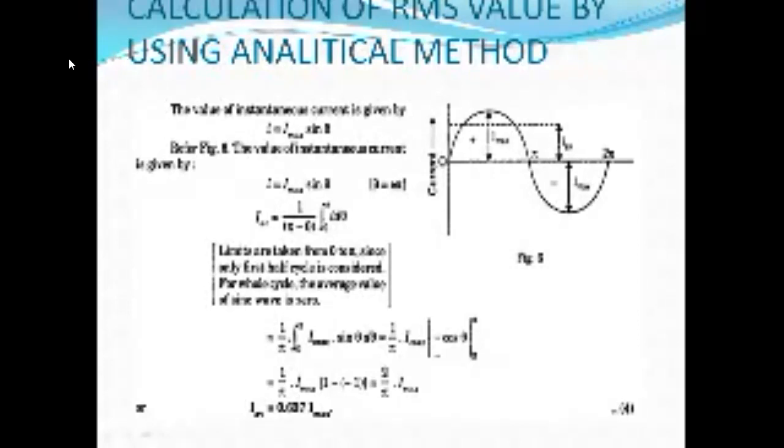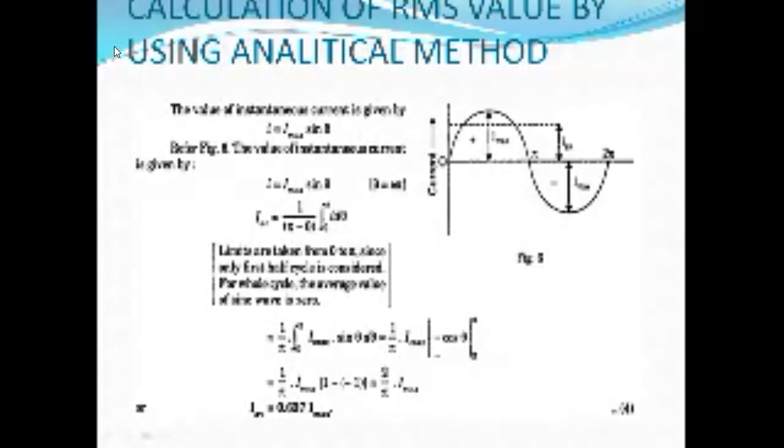Now we have the formula for I average. I average can be found as the ratio of the area under the curve for the half cycle to the length of the base over the half cycle.